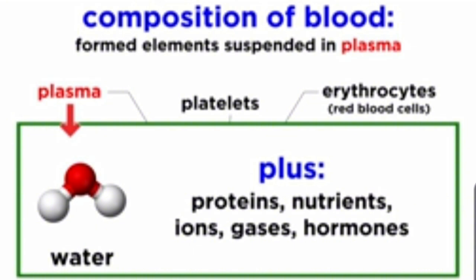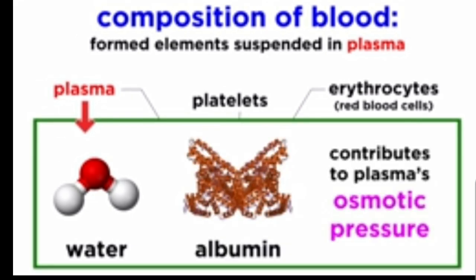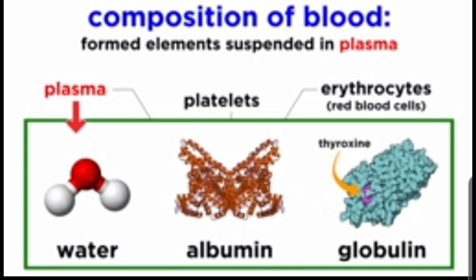The most abundant plasma protein is called albumin, which contributes significantly to plasma osmotic pressure. This is followed by a variety of globulins, which bind to other molecules for transport.